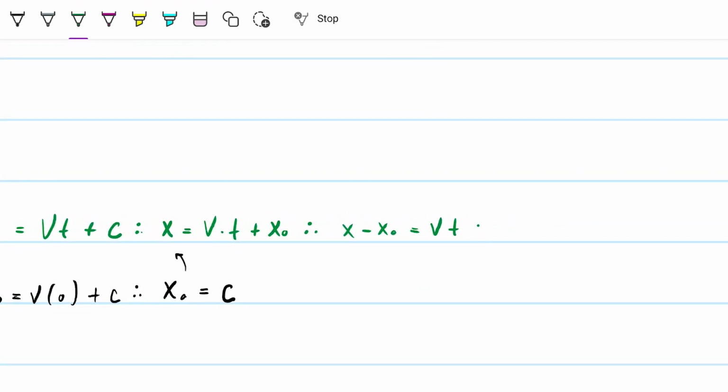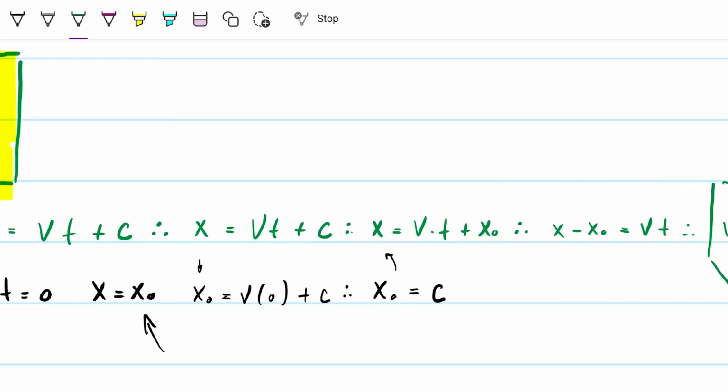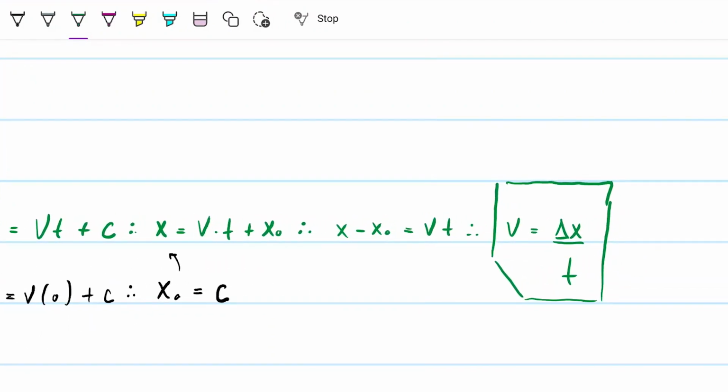Therefore, v will just be my delta x divided by t. So you can always do it this way too, without defining the integral, and then using boundary conditions to eliminate the constants later. You're always going to get the same result.